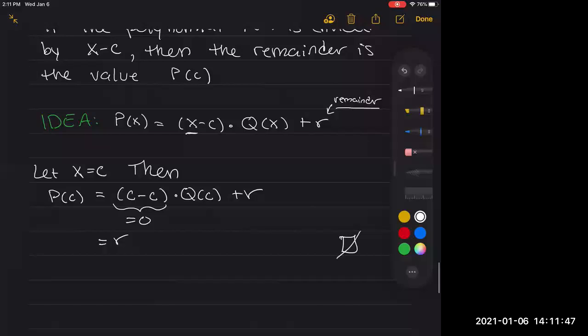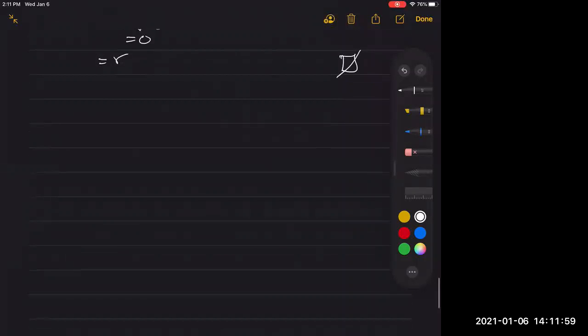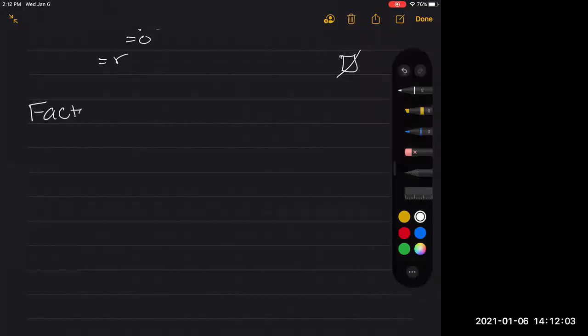So this will be helpful when you are checking your division after you're done. You can check that your remainder is what you thought it should be. And that's a really nice way to check what you're doing. All right. So then for our next theorem, it's the factor theorem.